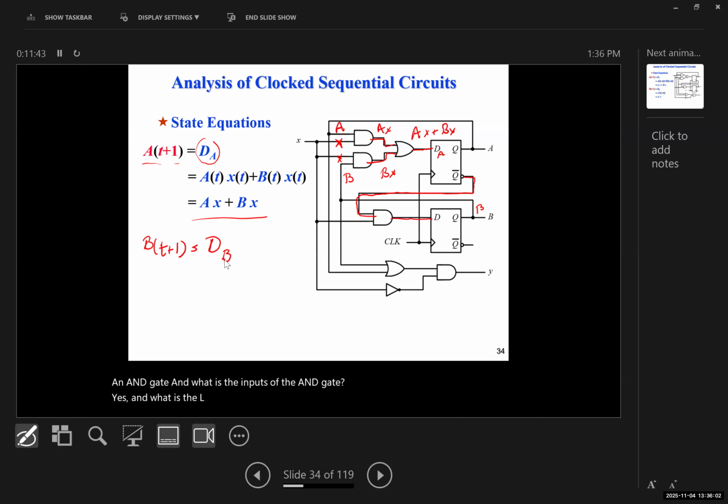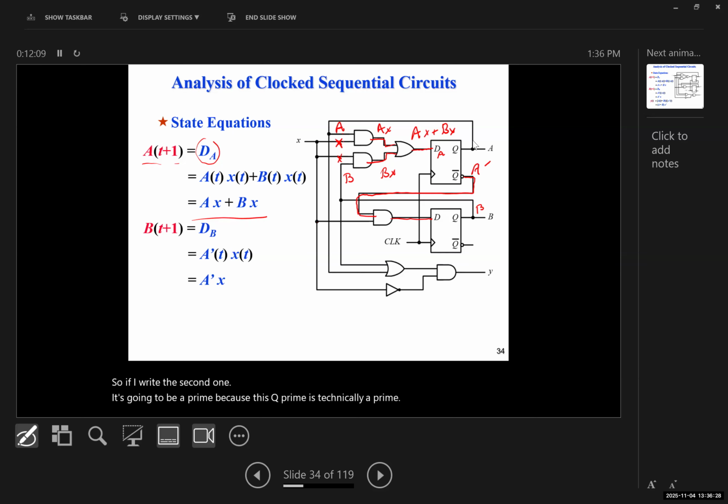X. So DB is going to be X times Q prime. Q prime of what? Q prime of A. In other words, it's going to be A prime, okay? So if I write the second one, it's going to be A prime, because this Q prime is technically A prime, because Q was A, therefore Q prime is A prime, times X(t). So this here would be A prime X.